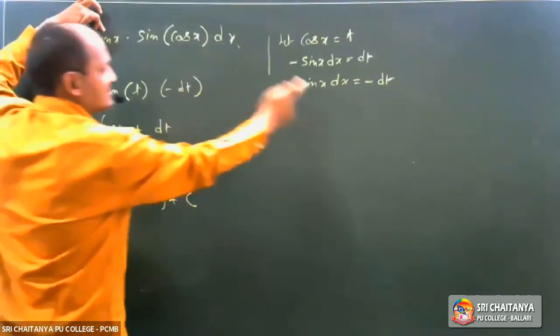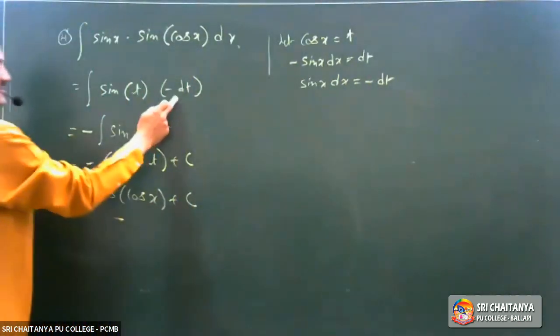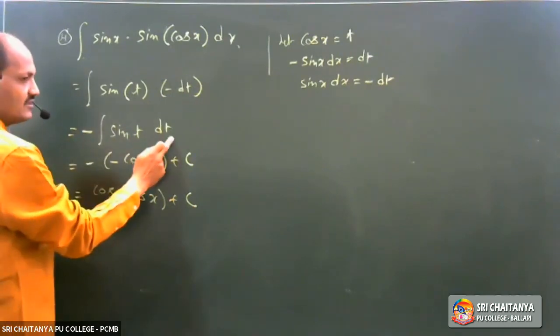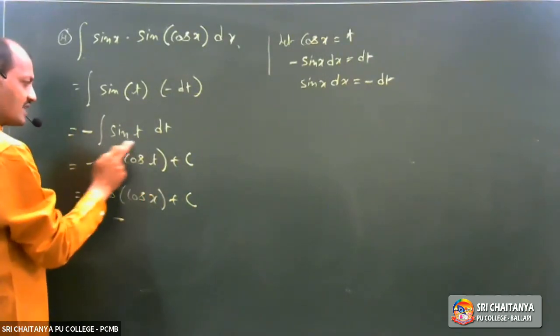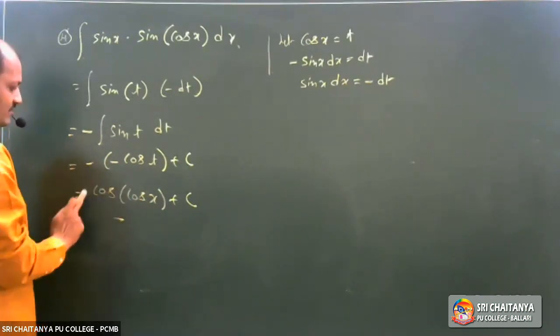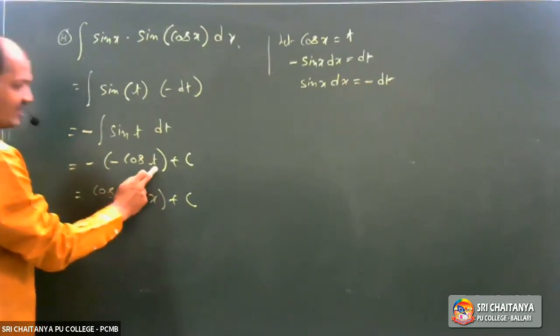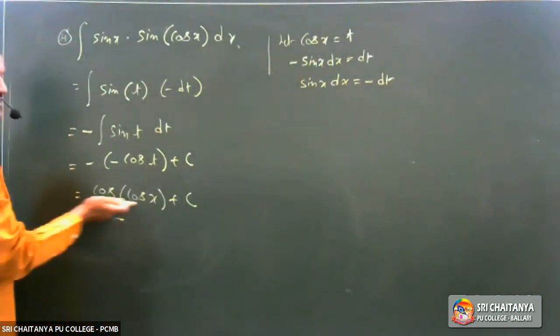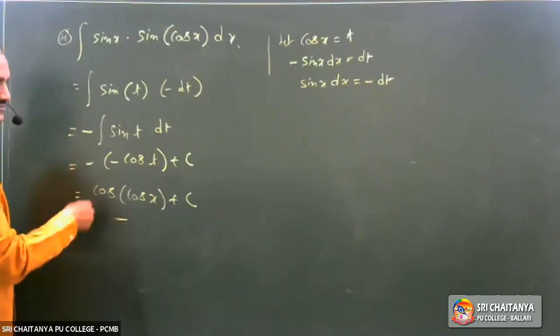Sin x dx is equal to minus dt. Minus integral of sin t dt. We know that the integral of sin is minus cos. Minus of minus is plus, it is cos of t. Already you know that t is equal to cos x. So it is cos of cos x plus c.